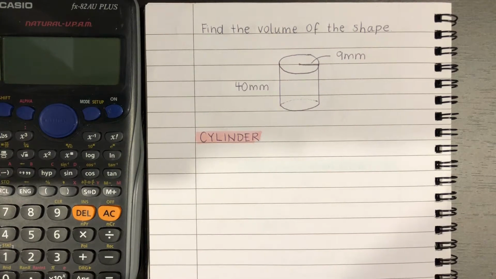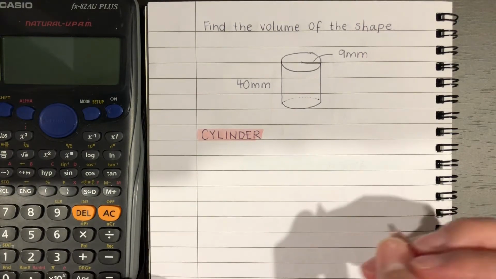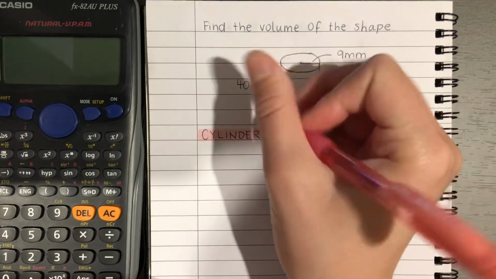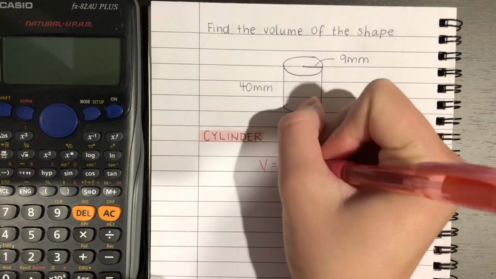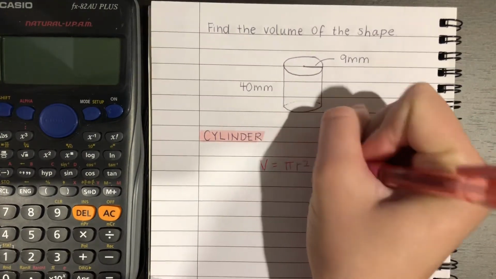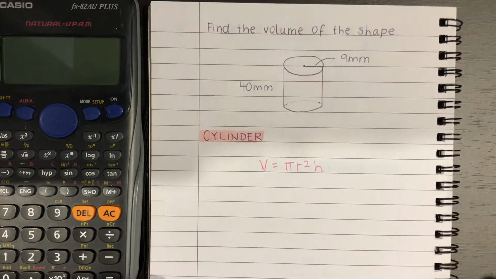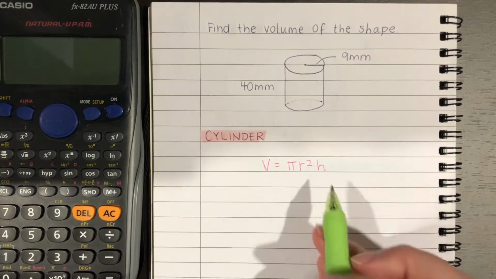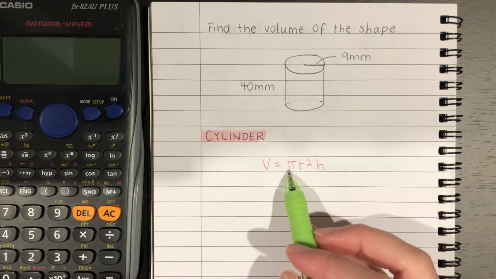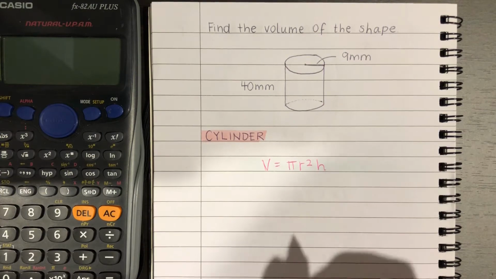So the first thing we're going to do is write down our formula. The formula for the volume of a cylinder is V equals pi r squared h. The pi needs to be put into your calculator as the actual pi button, not 3.14.